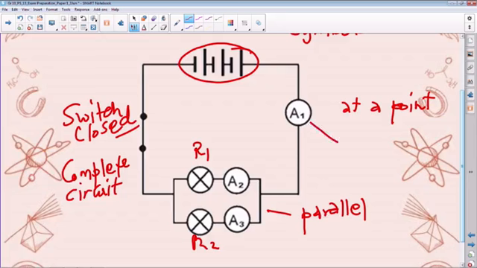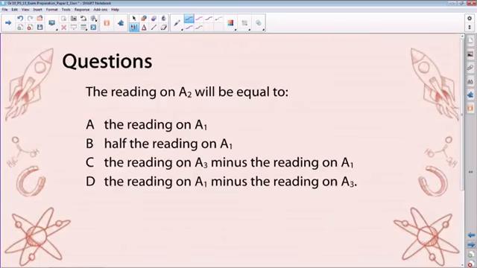A1, we want to think of as the I total, or the total current. It means whatever A2 and A3 measure is with respect to the total current. So whatever total current we have is divided between these two, because it's a typical example of a parallel circuit. That said, let's look at the possible solutions.